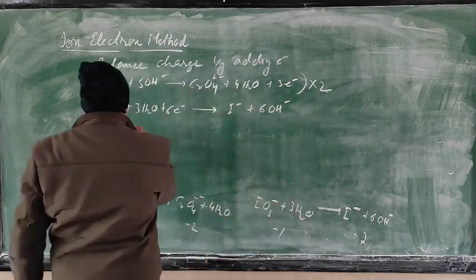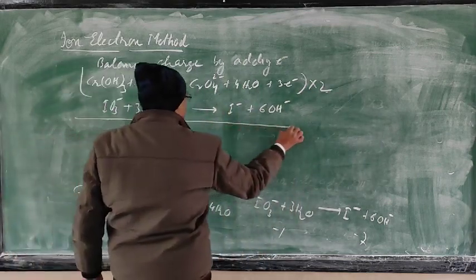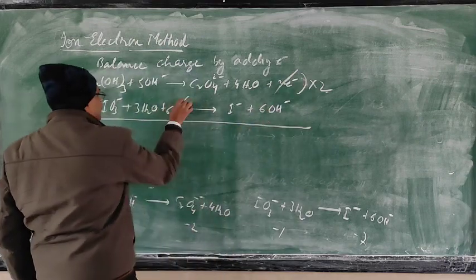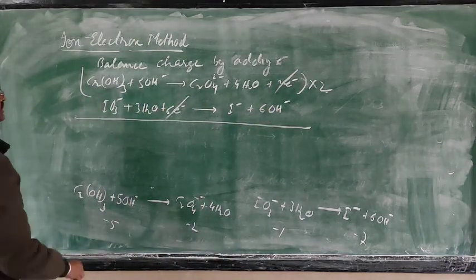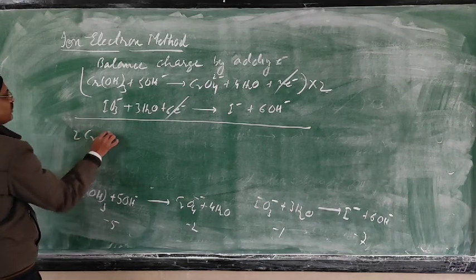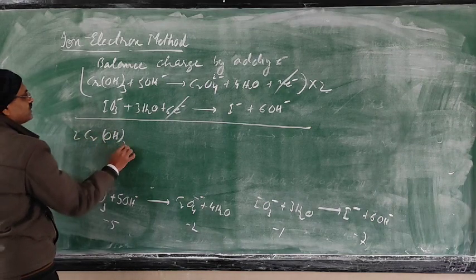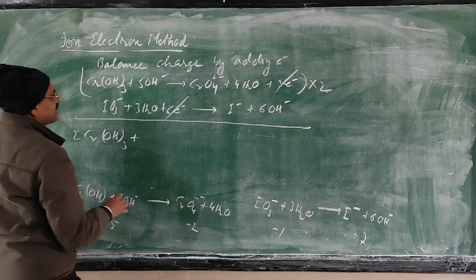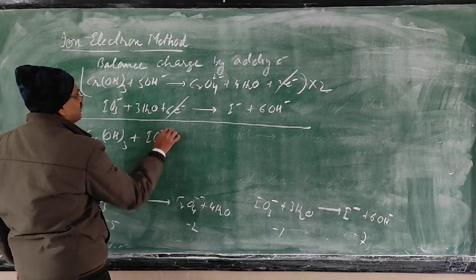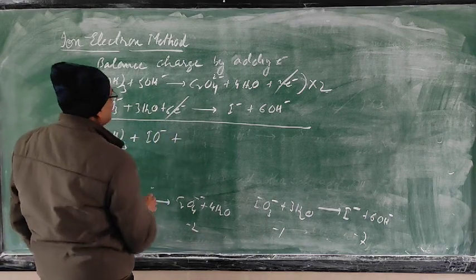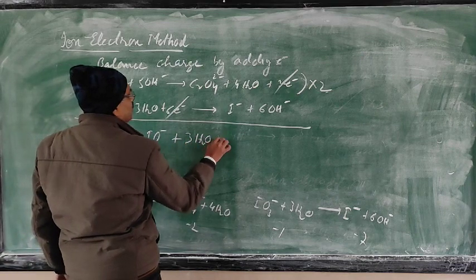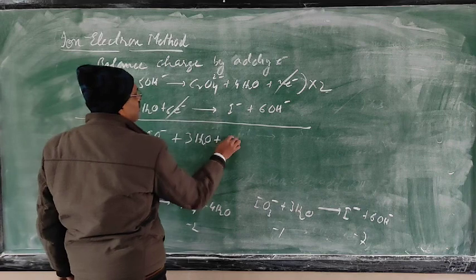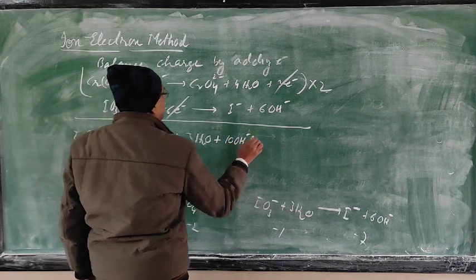So when you multiply by 2, then 3 × 2 is 6, 3 × 2 is 6. Now it is cancelled. So just to see, 2 Cr(OH)3, then IO3 negative, then 3H2O, and this one is 10 OH negative.